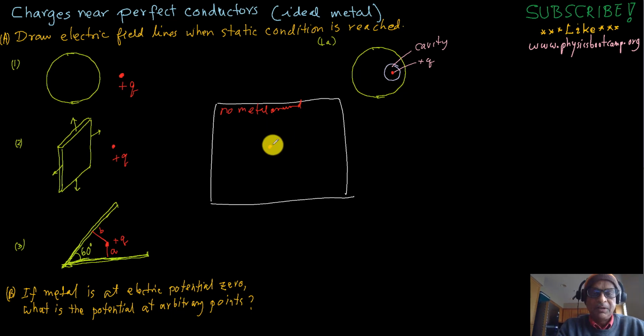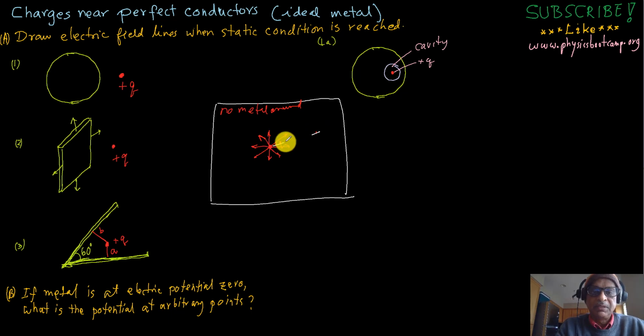Then the electric field lines come out in all directions, right? And this is a positive charge.